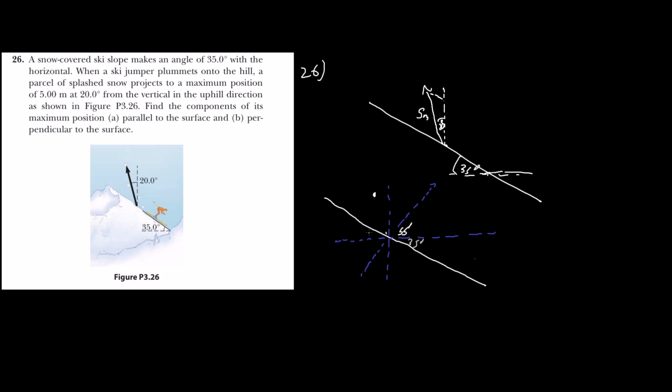Since this angle is a shared angle, this is going to be 35 degrees, and this is going to be 55 degrees. And since this is 35 and this is a perpendicular blue line, that's 55 degrees. That's 35 degrees, so therefore this is 35 degrees. Notice the way I drew it, folks: I drew this as 35 degrees from the perpendicular to the ground.